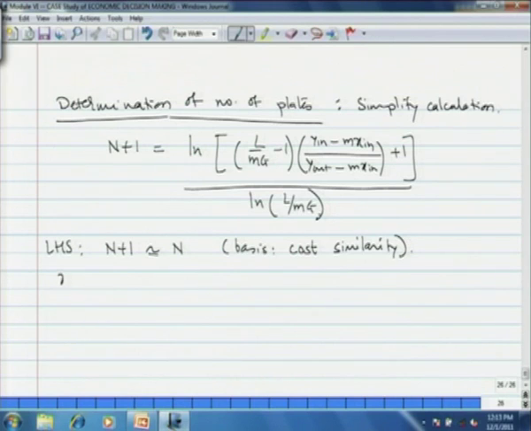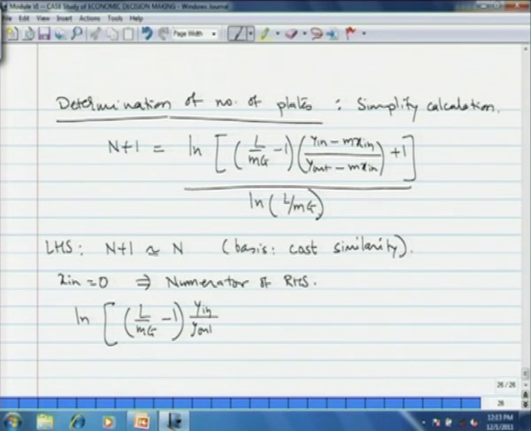We have already seen that x in is equal to 0. Therefore, the numerator of the right hand side will immediately reduce to ln of L by mg minus 1 into y in by y out plus 1. Now, let us see what numbers we have.